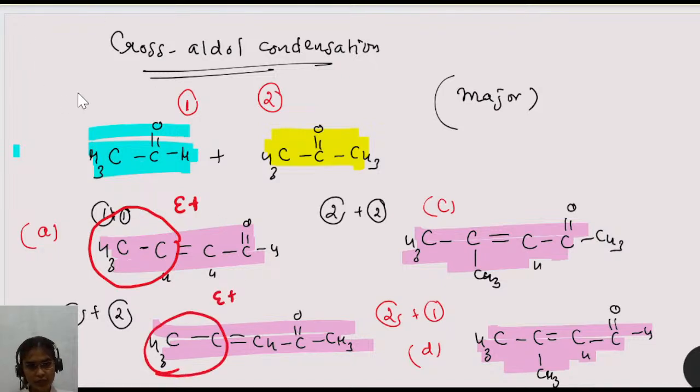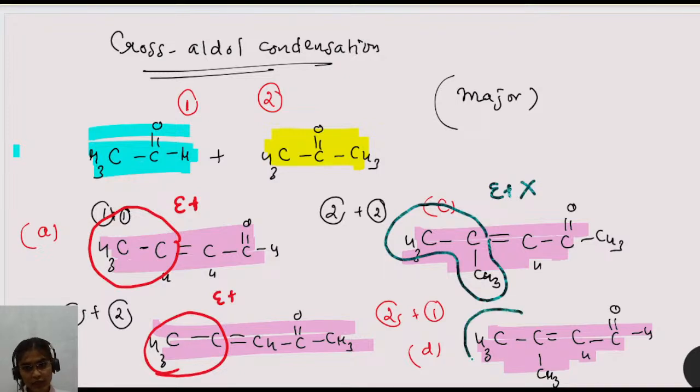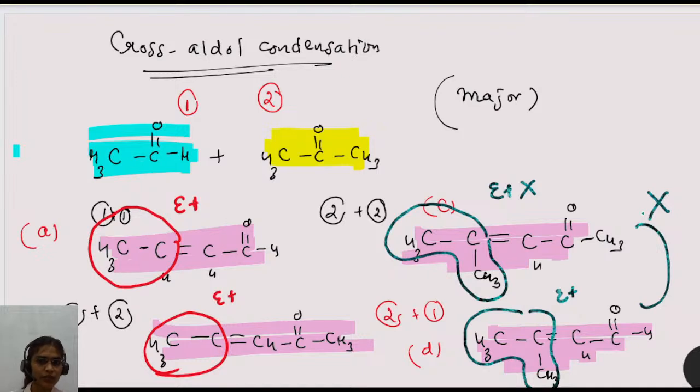In this case, if you observe this kind of group, it is a ketone. Is the ketone an electrophile? We just discussed using this factor that the ketone is not an electrophile. So these two options are not the correct answer. So maybe option A can be correct or maybe option B can be correct. This is how you can decide whether A or B is correct.